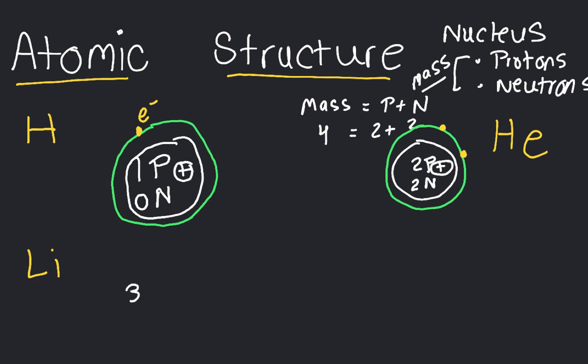And then for lithium, element number 3, it's got 3 protons that are positive, each positively charged particles. It's got an atomic mass of 7. And so it has 3 protons, so that must mean it has 4 neutrons. I'm just getting the mass from the periodic table.